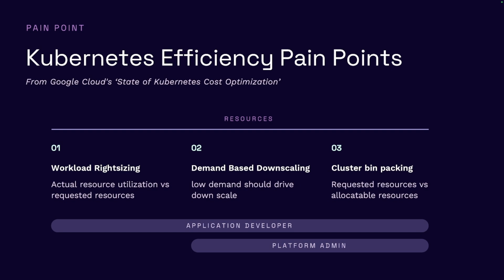Both application developers and platform administrators struggle with bin packing, which means providing the right amount of resources at a certain point in time. And this is especially hard when we think about serverless scenarios where we strive for fast, efficient horizontal scaling of many workloads.